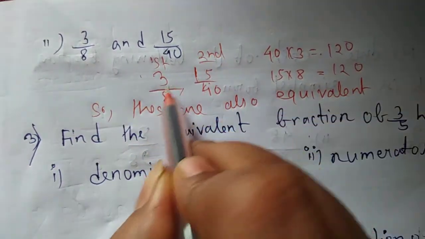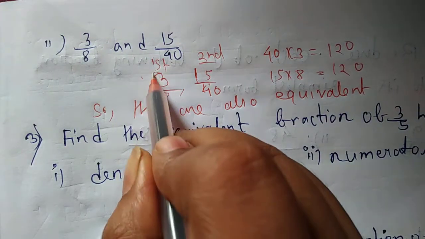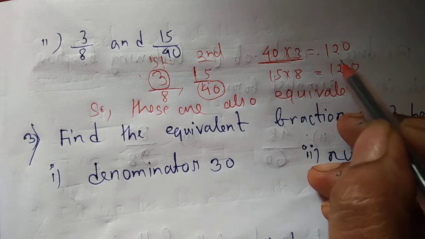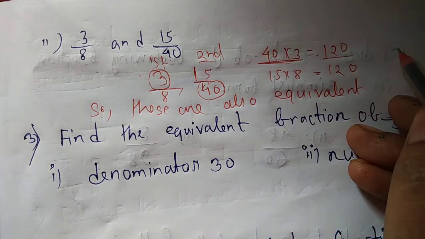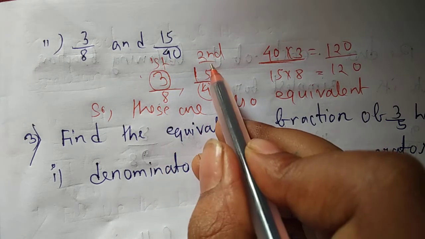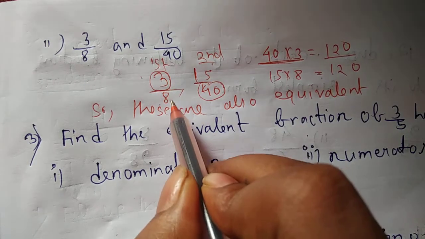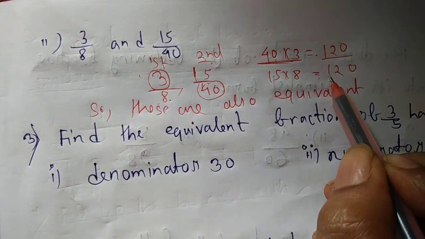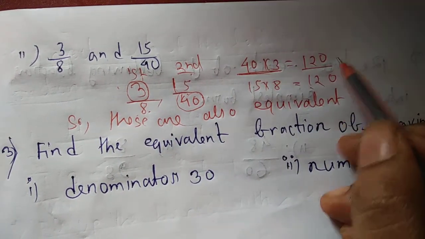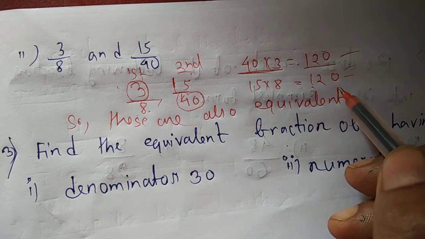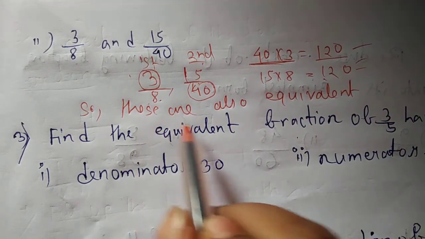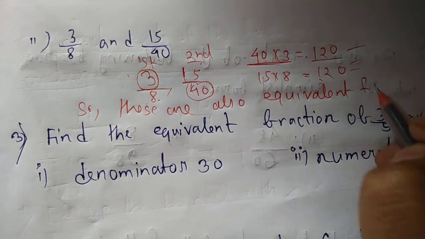The product of the numerator of the first fraction and denominator of the second fraction, we get 120, and the product of numerator of the second fraction and denominator of the first fraction you get 120. So from both we get the product 120. So here we can see that these fractions are also equivalent fractions.